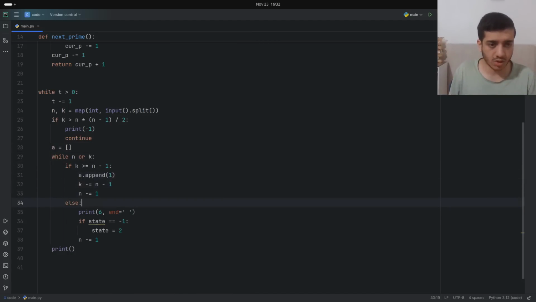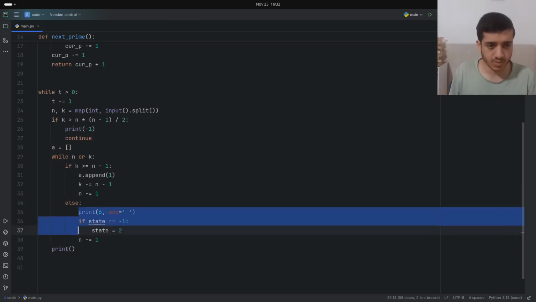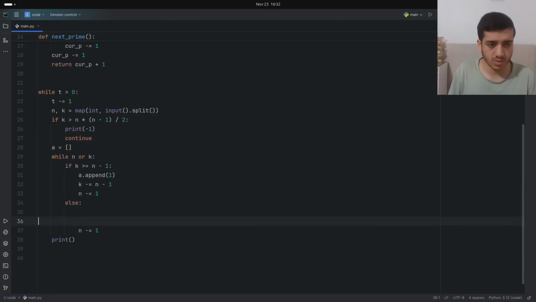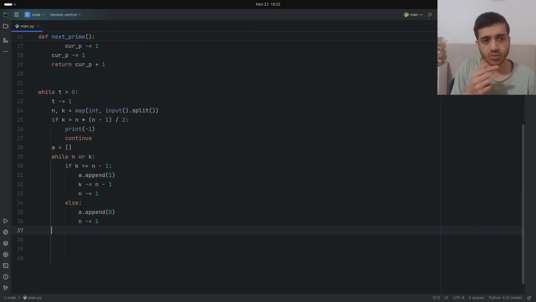So it's pick all. This is skip. And now I want to go from the other side.